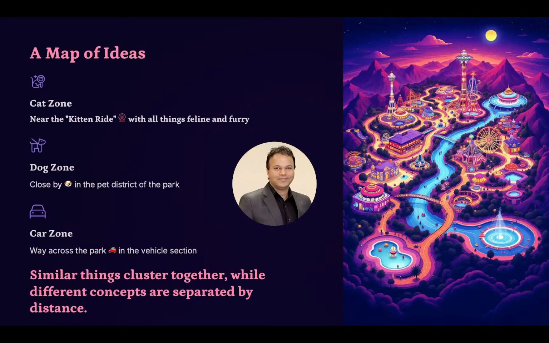They may have a small dog house or a cat house, right? What about a car? The moment you imagine a car, you start thinking cars and trucks and Formula One racing, driving on the highways, and also different colors and styles. So if you think of this mental map or a theme park of all these things, cats and dogs are somewhat nearer, whereas a car is slightly far away, right?